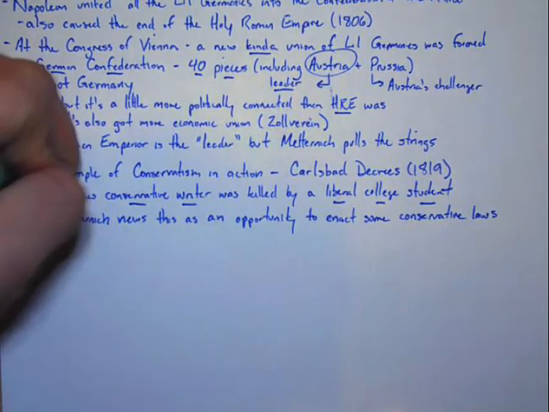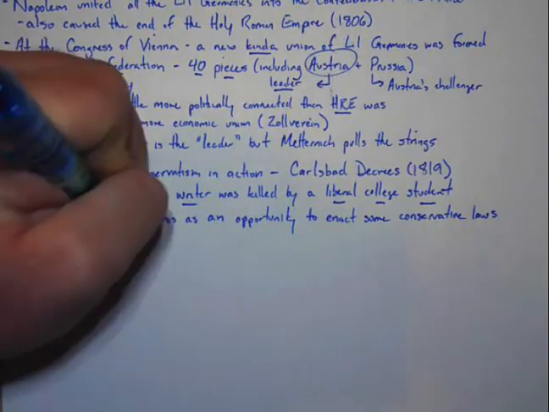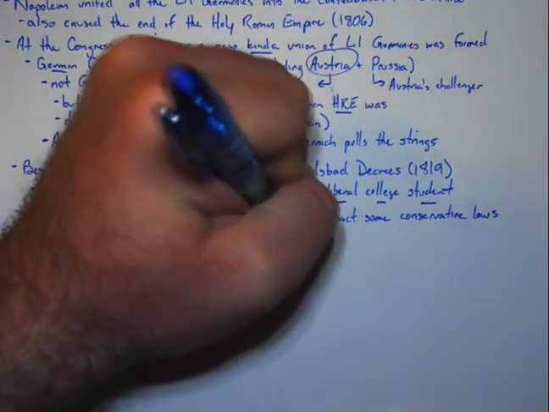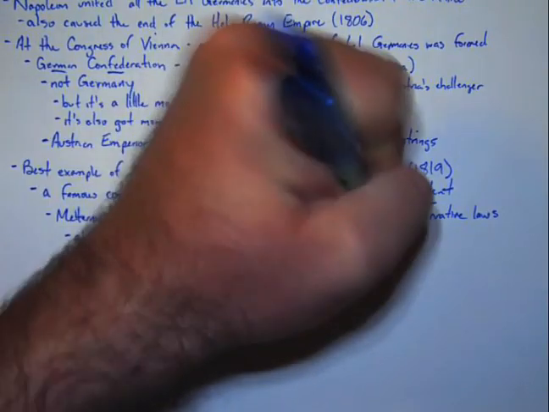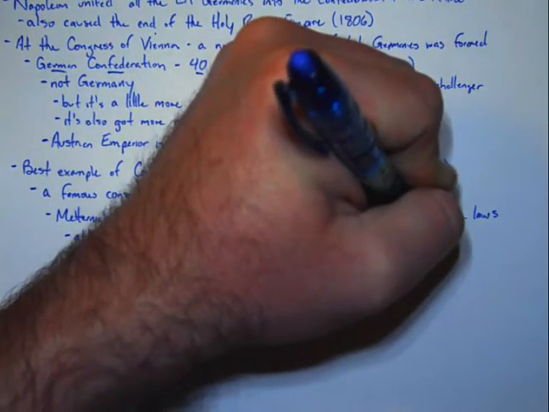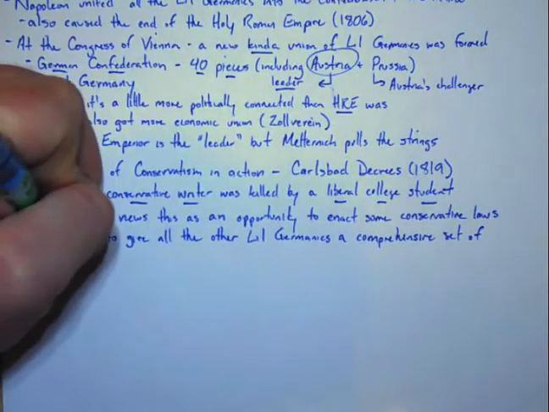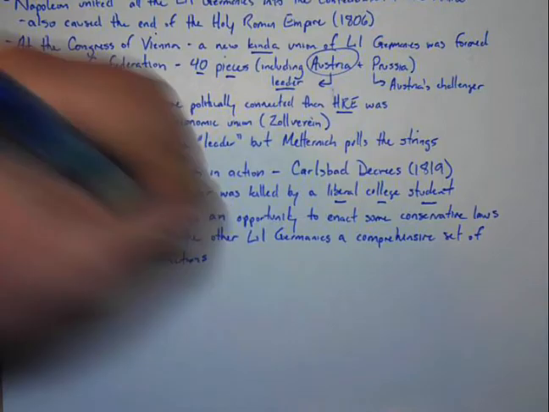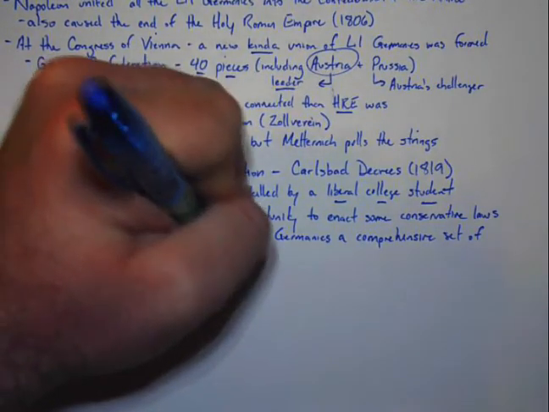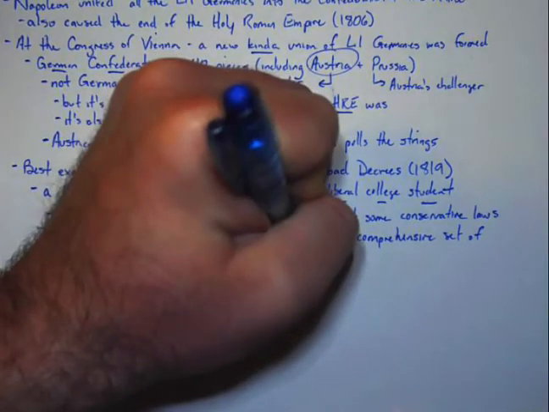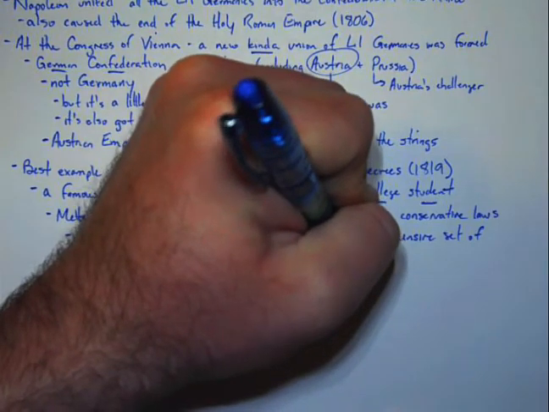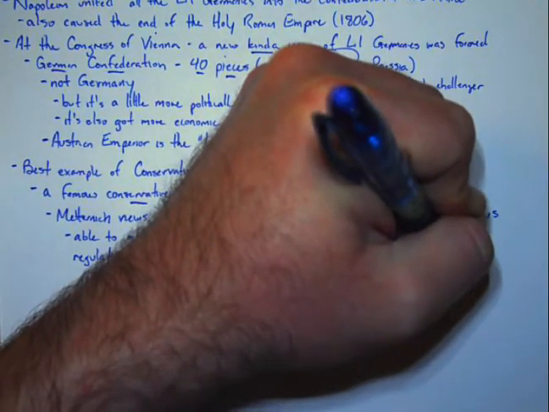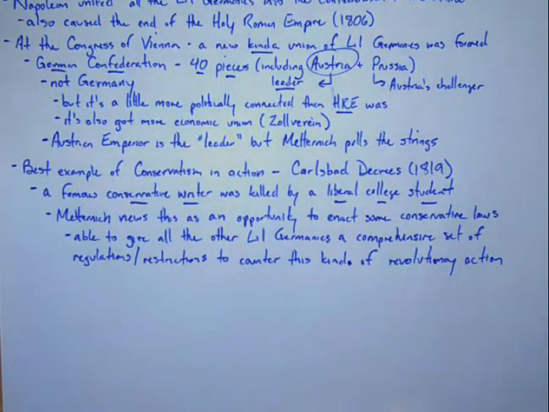And so this happens, and Metternich is able to give all the other little Germanys a comprehensive set of laws, set of regulations and restrictions to counter this kind of revolutionary action. Now, this wasn't a revolutionary action.